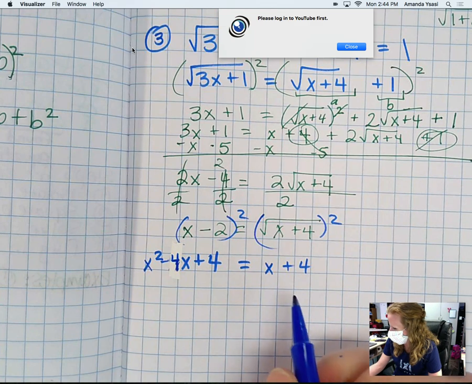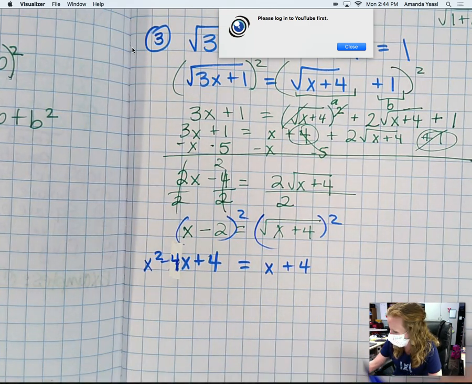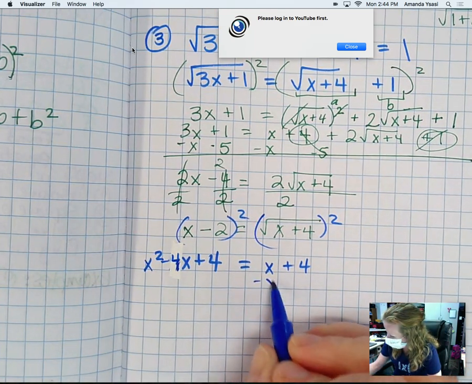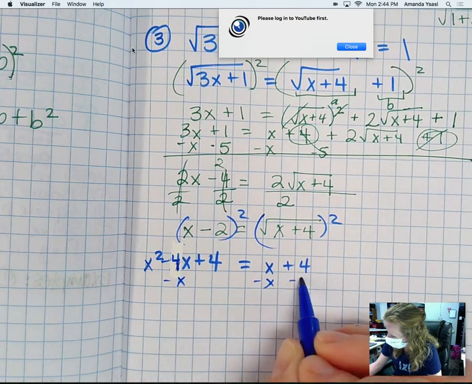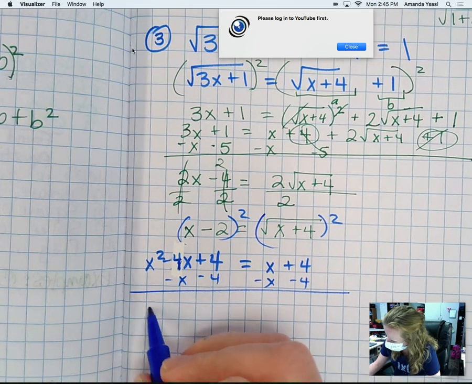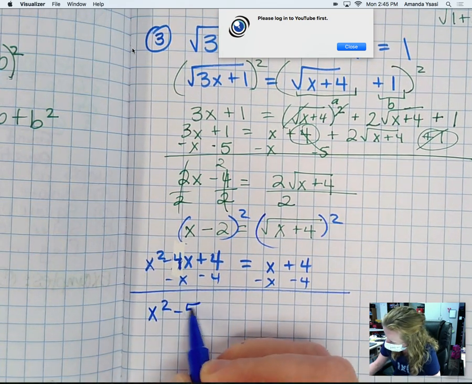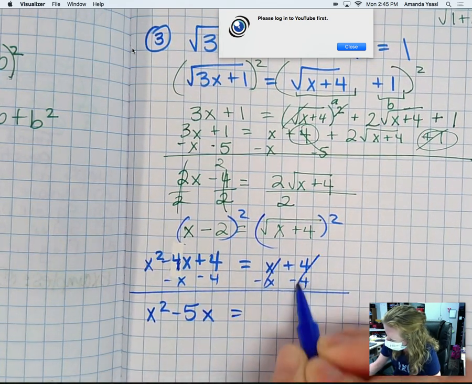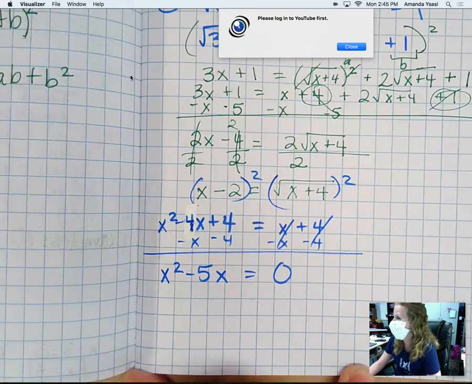Okay, so now we need to continue moving things around. So minus x, minus 4, minus 4. So that leaves us with x² - 5x = 0. We're almost done.